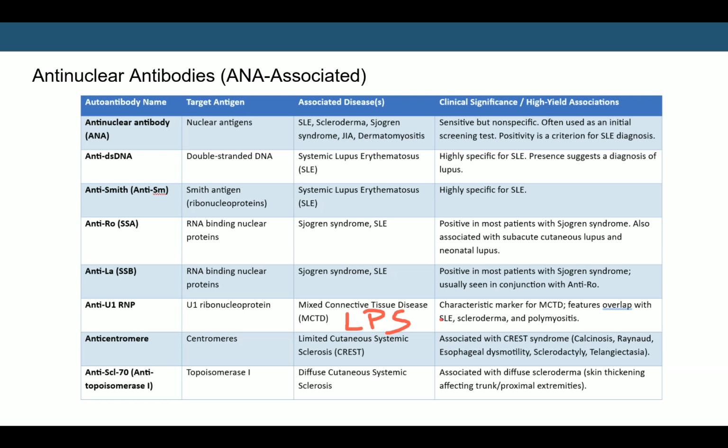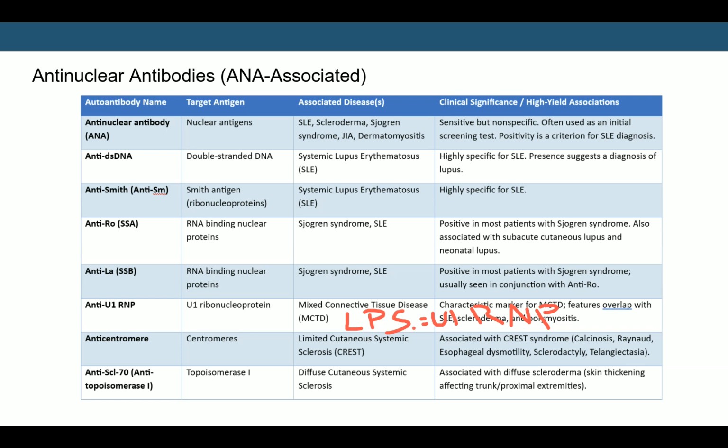How I remember it is that there is LPS in mixed connective tissue disease: lupus, polymyositis, and scleroderma. LPS, U1 RNP. You should remember that anti-U1 RNP means you have LPS, which is mixed connective tissue disease, which has features that overlap with lupus and polymyositis and scleroderma.